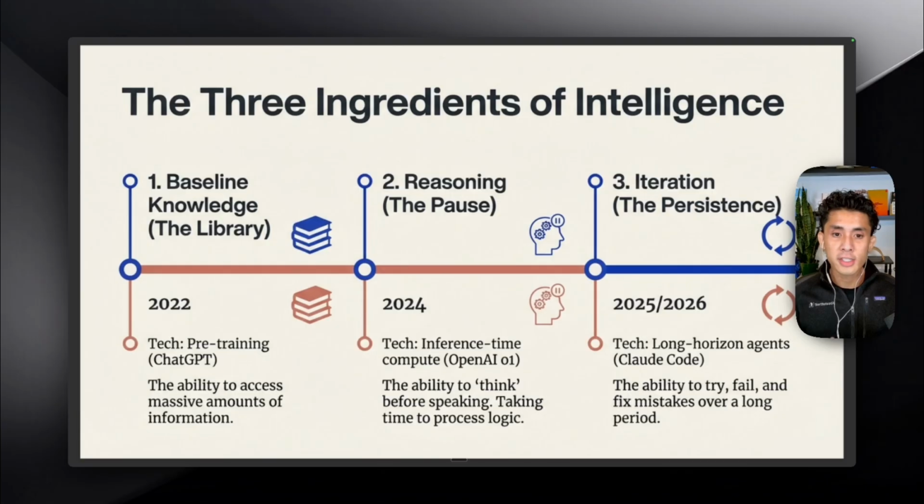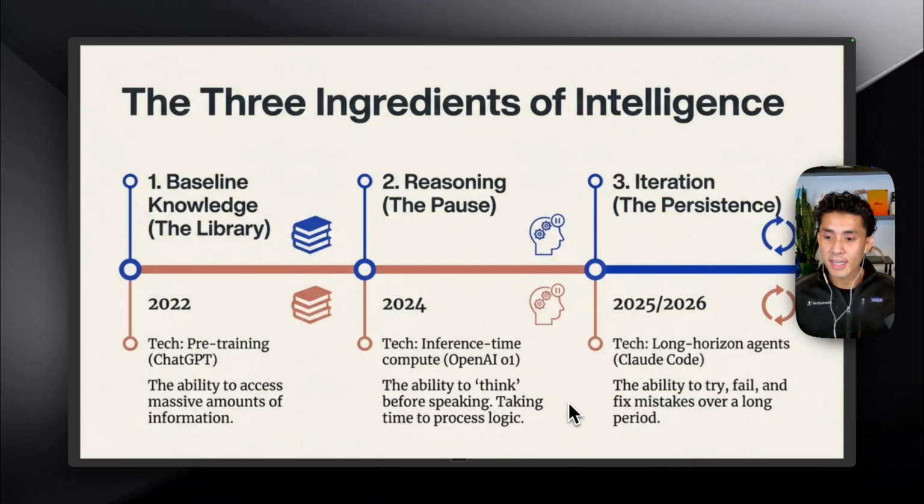And then the second step was in 2024. This is where the process of reasoning started to get introduced with ChatGPT. So not only could it pull information, but it could actually have the ability to think and take time to process actual logic. But the game changing moment has been recently because of iteration.